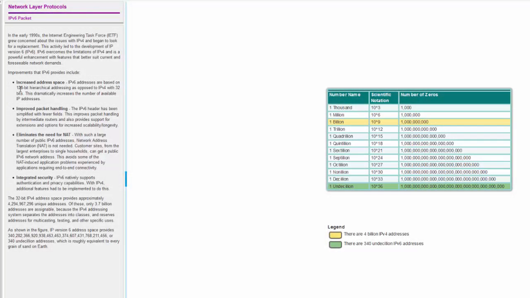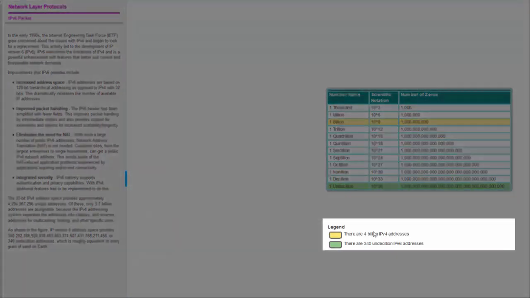That actually increases the domain for the IP addresses from, for example, 4 billion in the case of IP version 4 to 340 undecillion IP addresses using IP version 6 on the internet. That creates a tremendous address space that can be used by trends like Internet of Things and things like that.